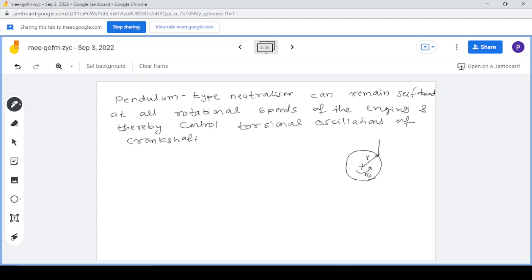Let us call the arm length L. This point is O dash, and this arm is able to sway in both directions. So this is a pendulum with support rotating in a horizontal plane.